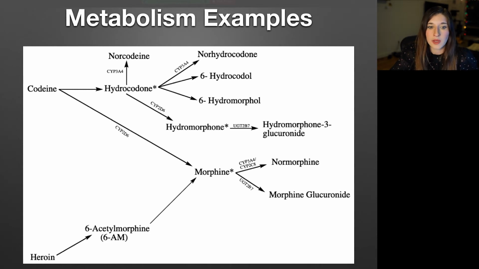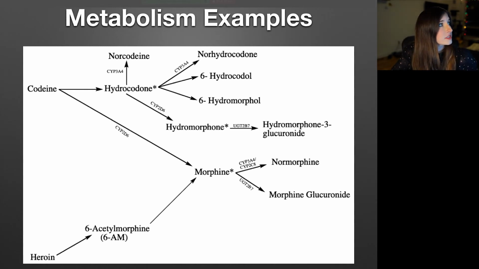So especially with stuff like this with opioids, it's really important to be able to backtrack some metabolism and see, is there another reason why that tox screen is what it is? And that's something that needs to be taken into consideration whenever you're doing any type of analysis.